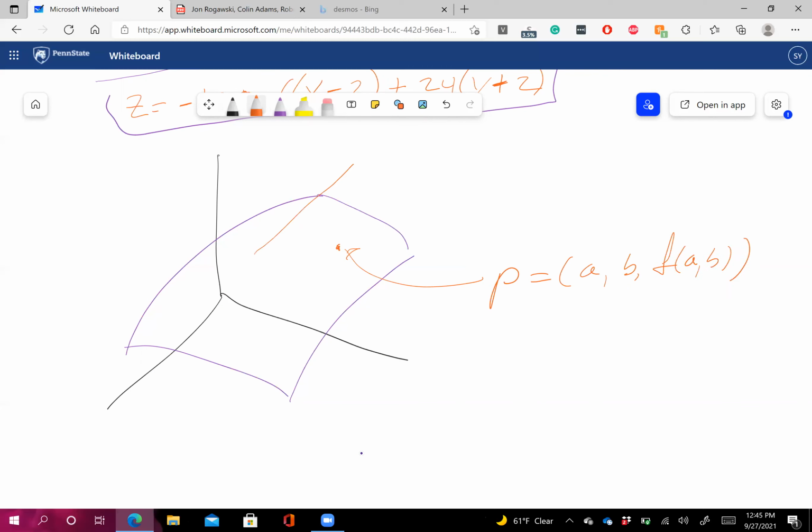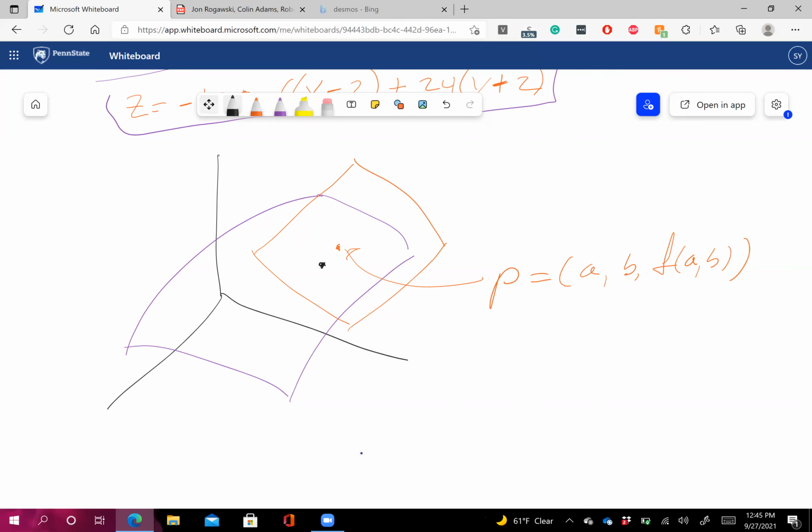And if we want to know what the value is near P, rather than looking at the function, we can instead look at the value for the tangent plane.